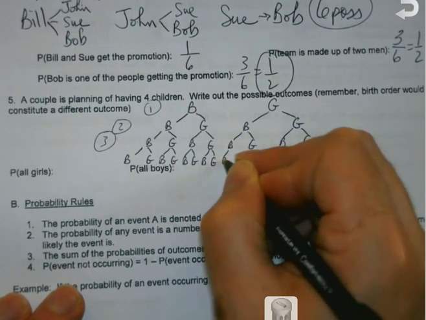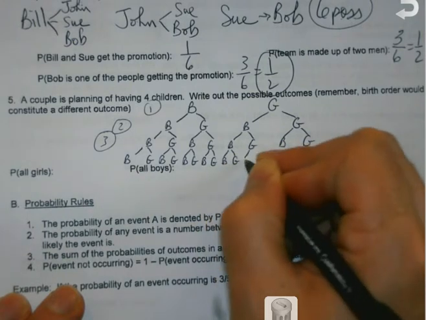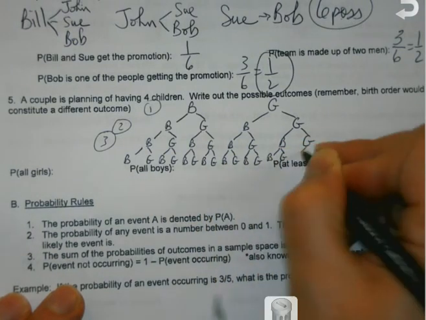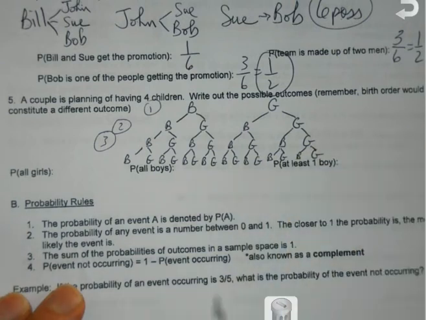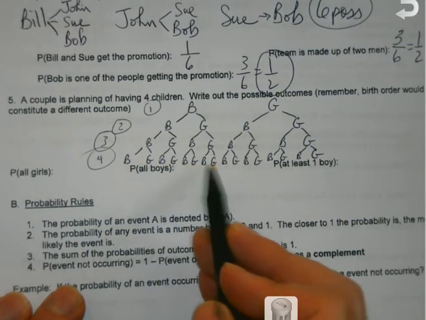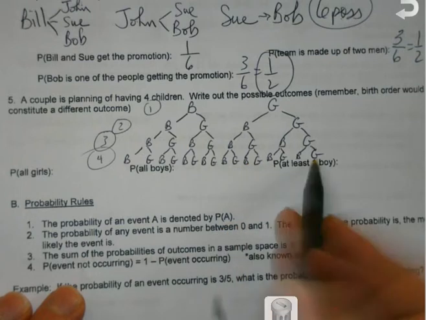But we're going to get what we needed out of this. So you're like, okay, so what is doing all that going to do for me in figuring out the answers? Well, it lets me know how many possible outcomes there are. 1, 2, 3, 4, 5, 6, 7, 8, 9, 10, 11, 12, 13, 14, 15, 16.